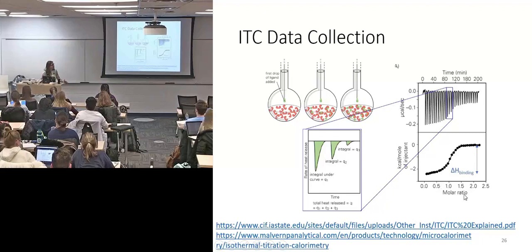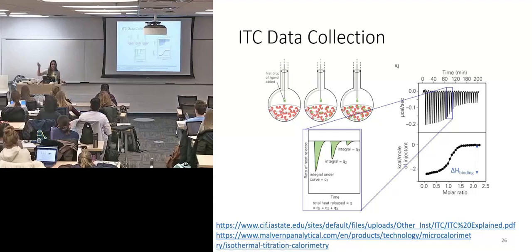Here, the molar ratio is the concentration of free ligand to free protein. So at the beginning, of course, it's very, very small. There is no free ligand. I haven't put any in, or I'm putting in just a little bit at a time. And then eventually, we get over to this end, there would be no free ligand. All of it has gotten bound up.